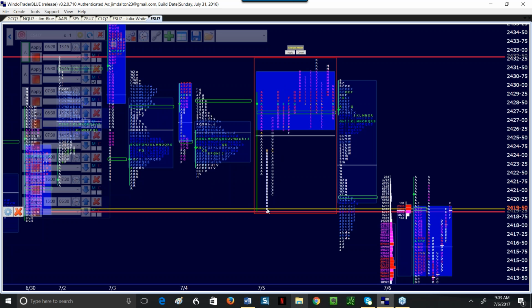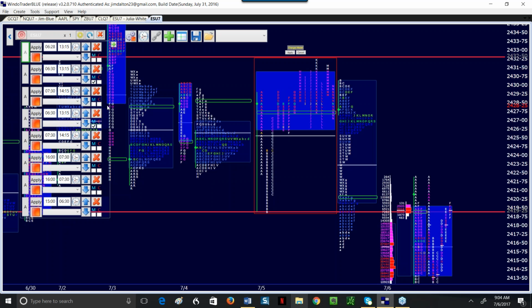A P formation communicates to us that what we saw was short covering versus a more potent combination of new money buying and short covering. So we got the expected action relative to overnight inventory.